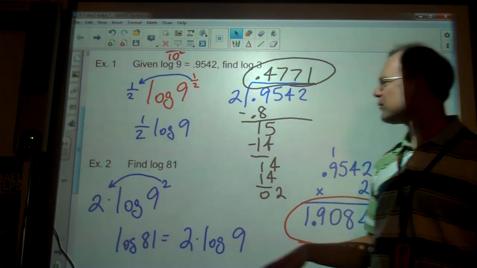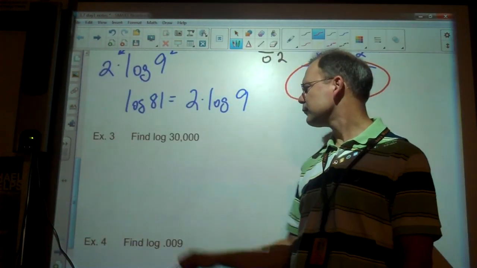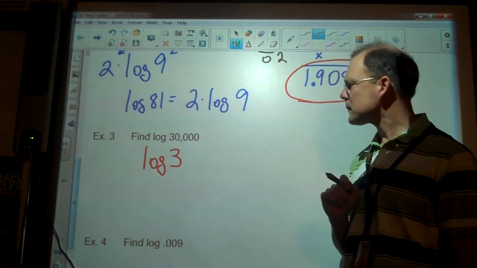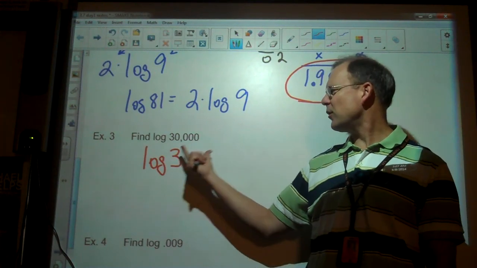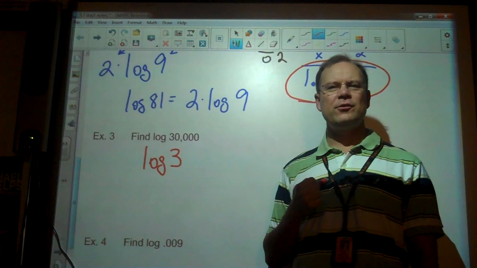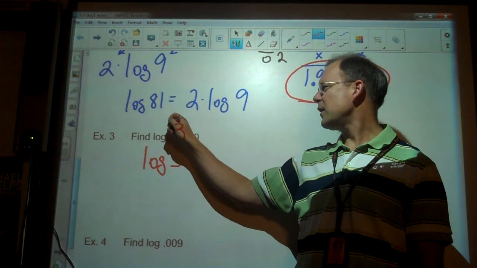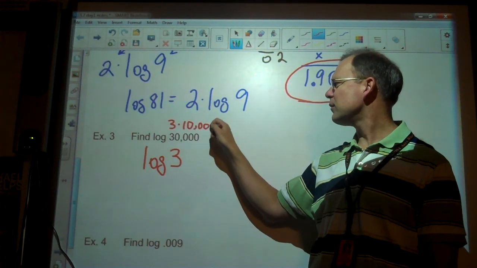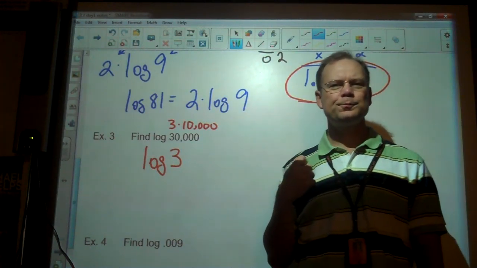Log of 3 is 0.4771. Okay, now we can think multiplication. So 3 times what is 30,000? That'd be 3 times 10,000, right?